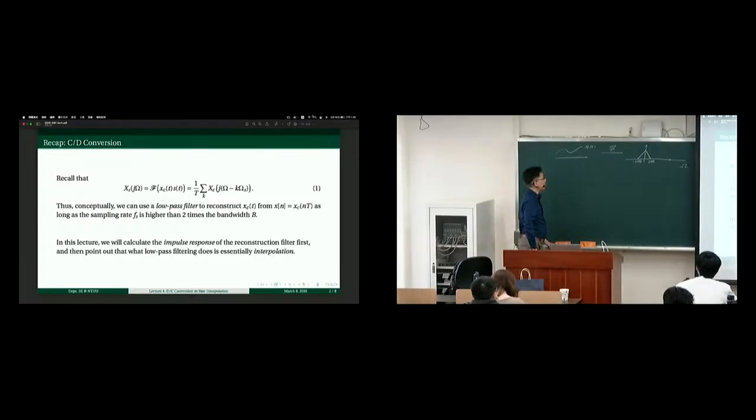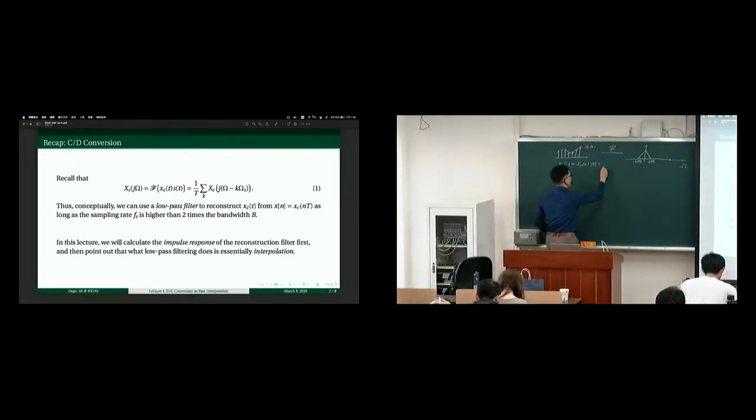If our signal is band-limited, and then we sample it by multiplying our signal with S of t, this sequence of spikes, denoted as x after sampling, is the original signal times S of t. That's after sampling, and we've spent much time to convince ourselves of the effect in the frequency domain.